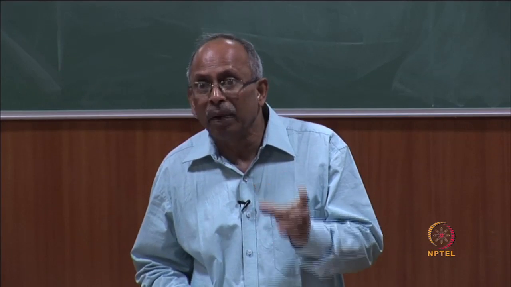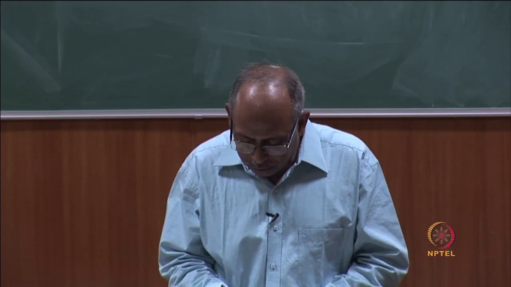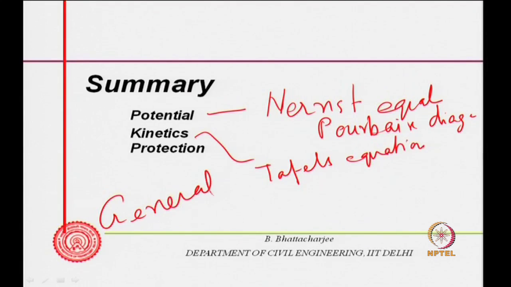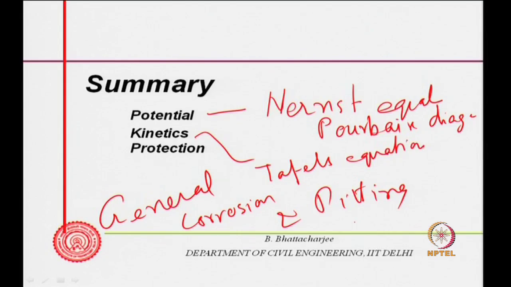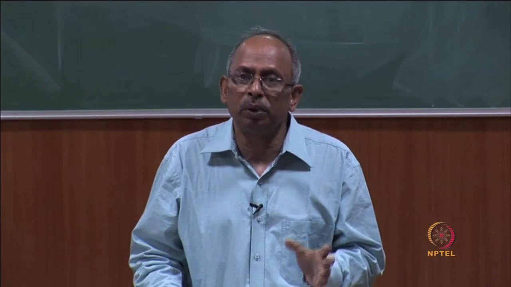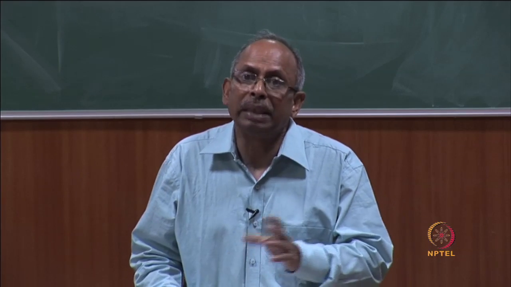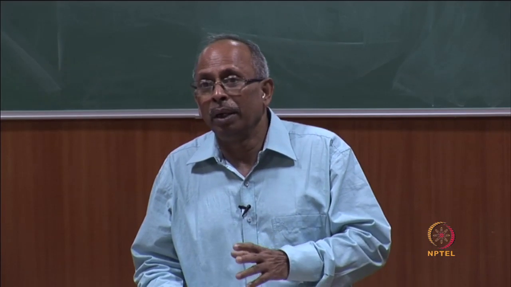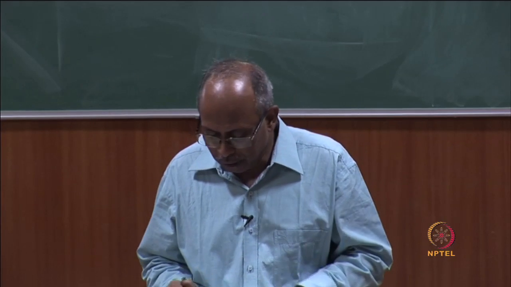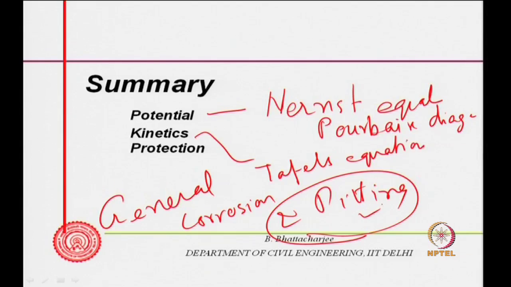We identified general corrosion and pitting corrosion. This is only with respect to reinforcement corrosion. There are many other corrosions when it comes to steel as such, like crevice corrosion, stress corrosion cracking and so on and so forth, but with reference to reinforcement, pitting comes with chloride, external chloride. General corrosion is generally for internal chloride and carbonation.